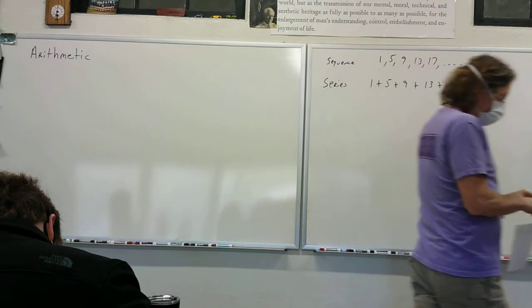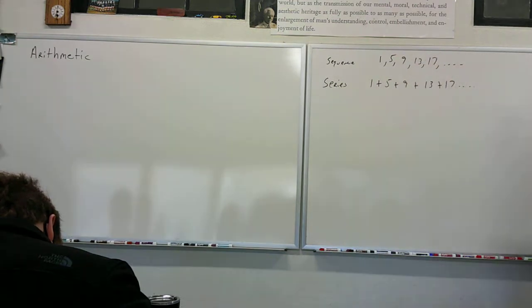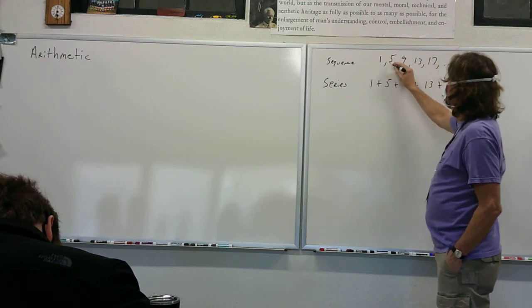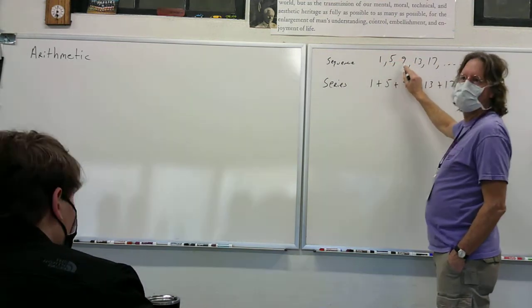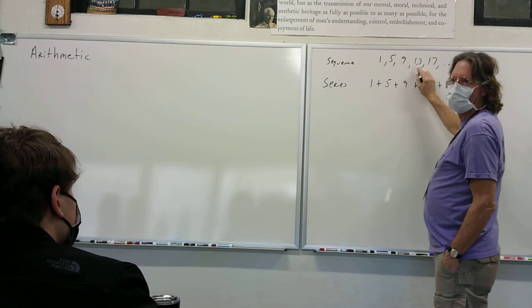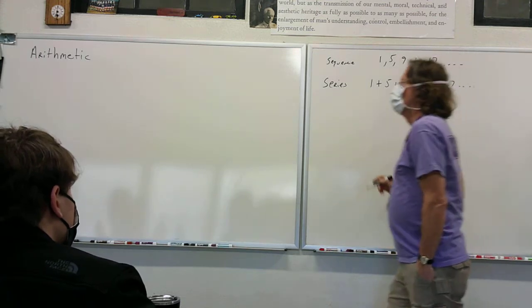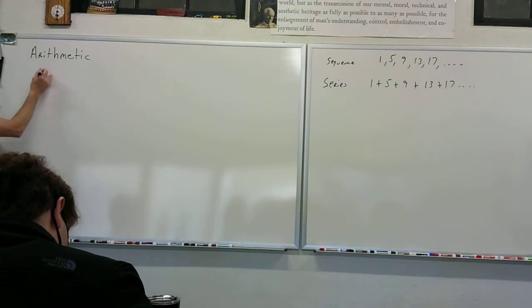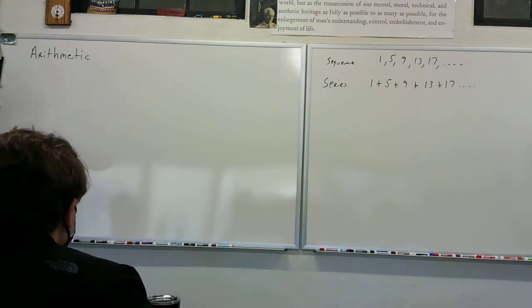The way you recognize them is look at the difference between these two numbers. How much did you add right here? 4. How much you add right here? 4. These arithmetic ones are known because you're going to either add or subtract the same amount every time.